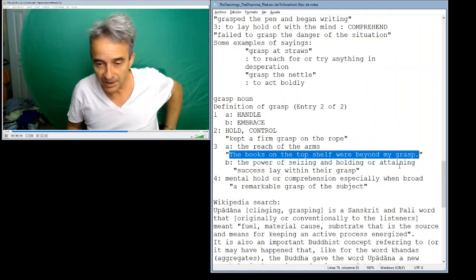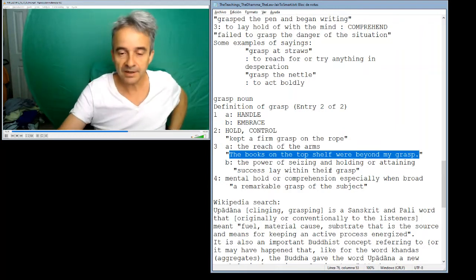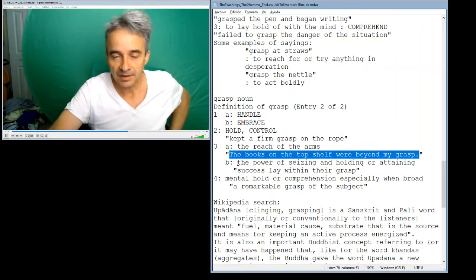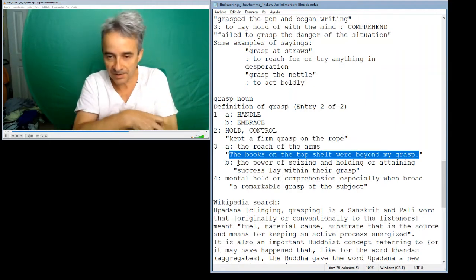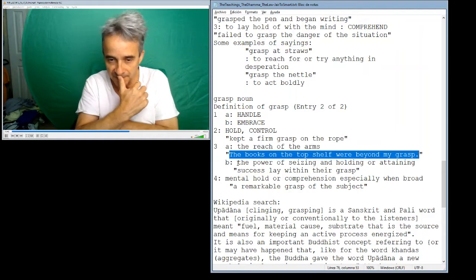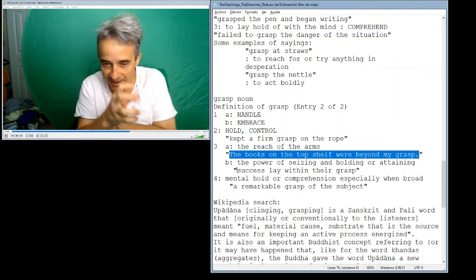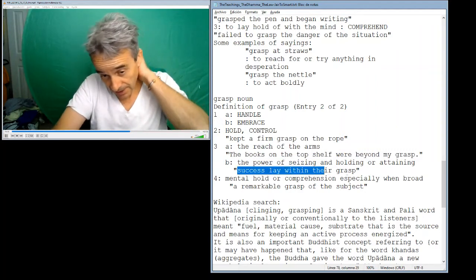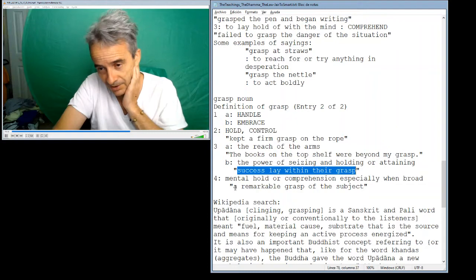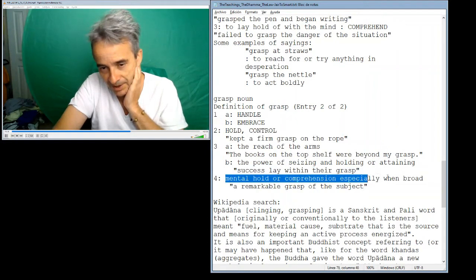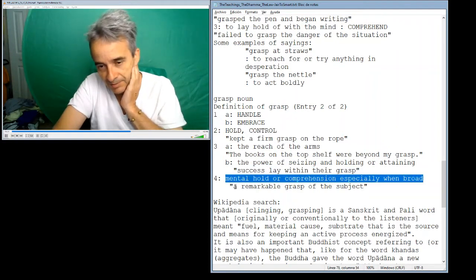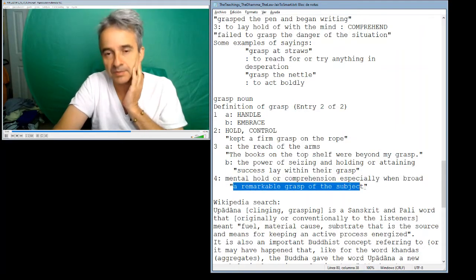The books on the top shelf were beyond my grasp. Or the power of seizing and holding or attaining. An example would be success lay within their grasp. And another definition is mental hold or comprehension, especially when broad. He had a remarkable grasp of the subject.